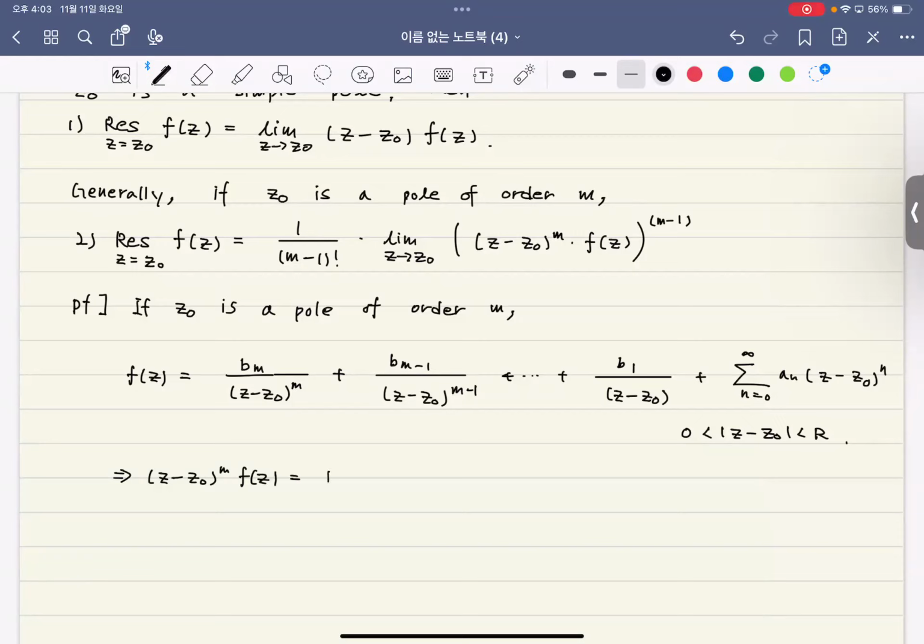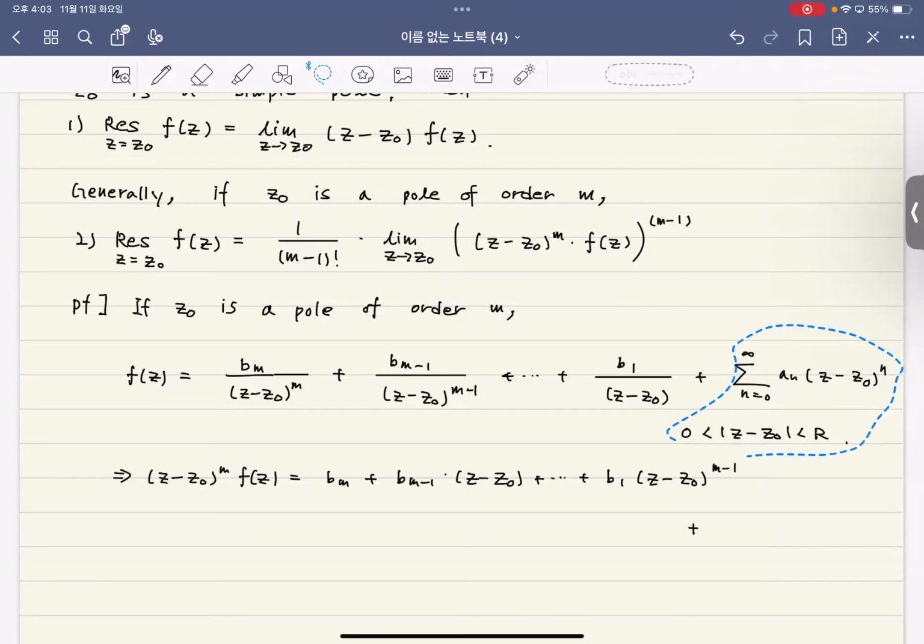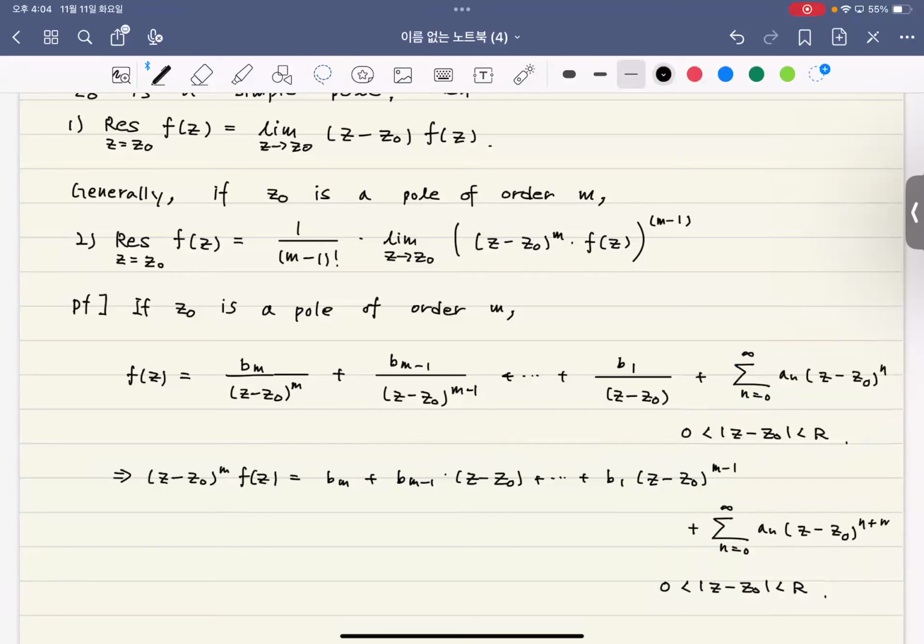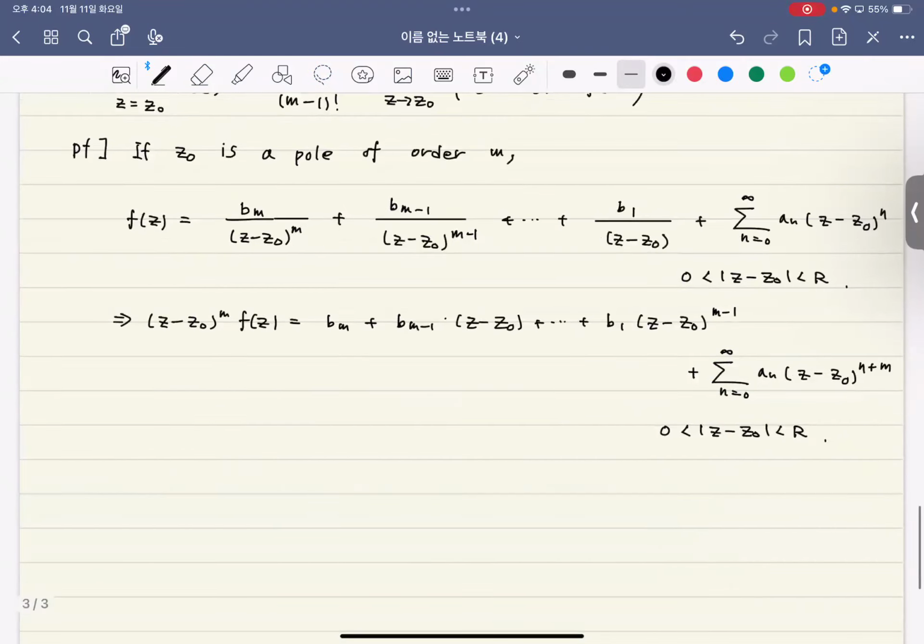Then this is bm plus bm minus 1 times (z minus z0) to the first, up to b1 times (z minus z0) to the m minus first, plus the analytic part shifted by m. Now what if I differentiate this m minus first times?